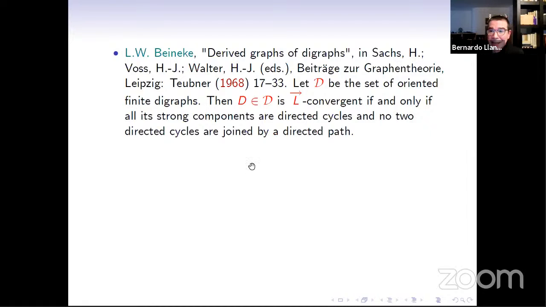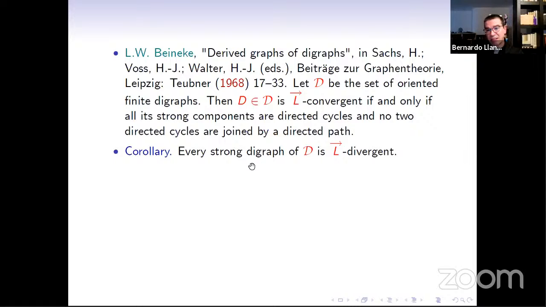A strong digraph has only one strong component, and if you have a digraph that is not strongly connected, then you have many components. You can find it, for example, in the books of Jørgen Bang-Jensen and Gregory Gutin.